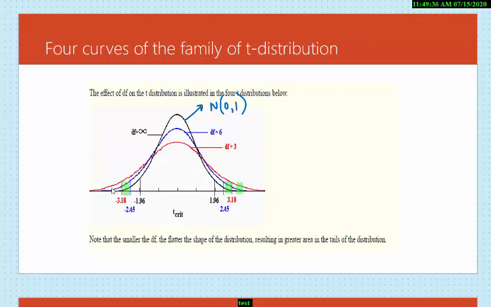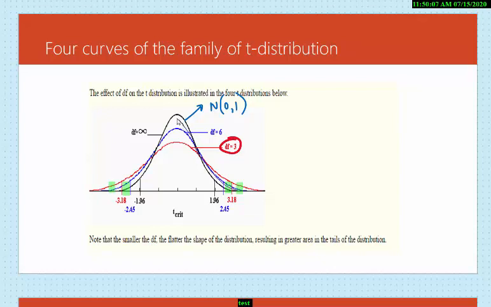Now, the higher the degrees of freedom become, as you can see, the red one corresponds to degrees of freedom 3, and the blue one corresponds to degrees of freedom 6. If I had degrees of freedom 10, 12, and so on, it's going to approximate slowly the black curve that you have right here.